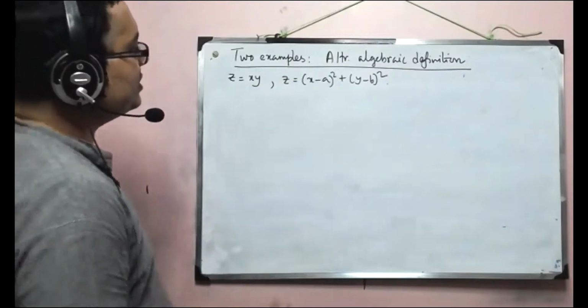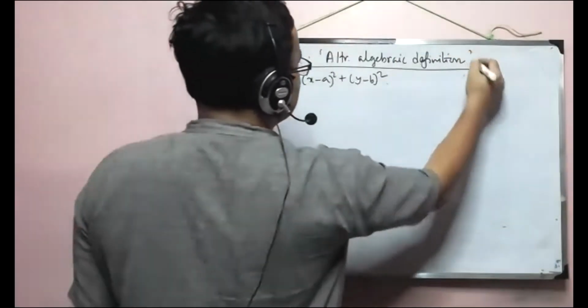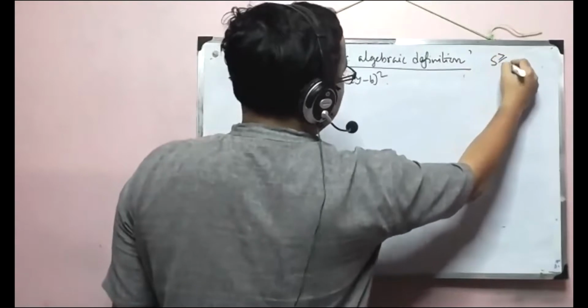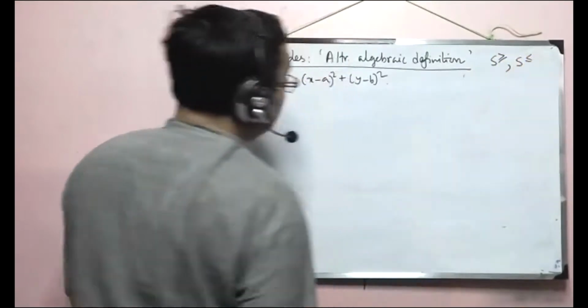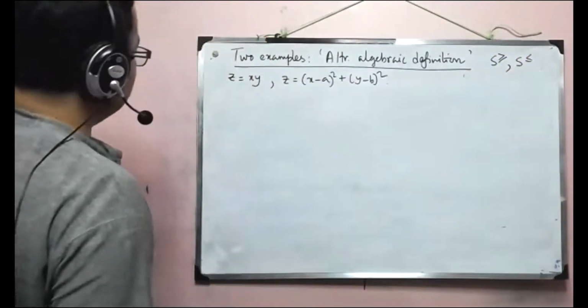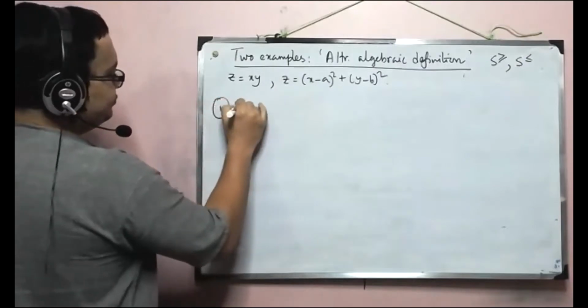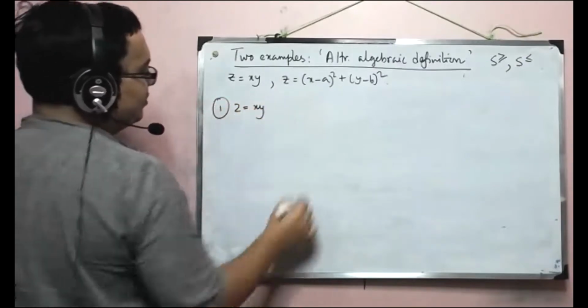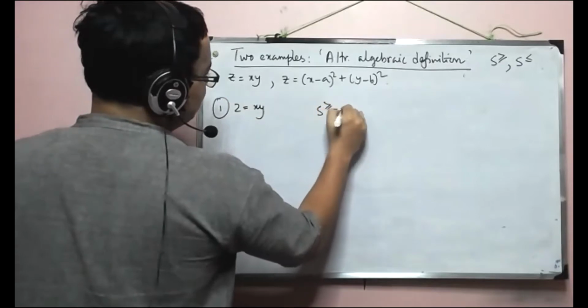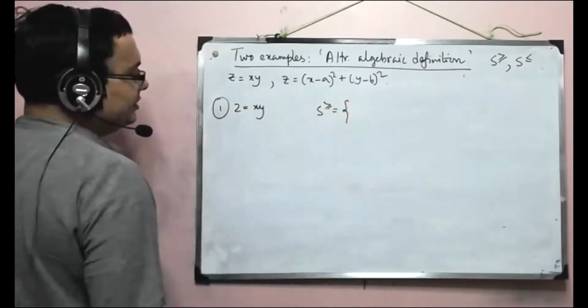So that approach is there. But we are more interested in the alternative algebraic definition, the set of points higher than or lower than. Why? Let's take the first problem. We are going to make a collection, a set which collects the domain.